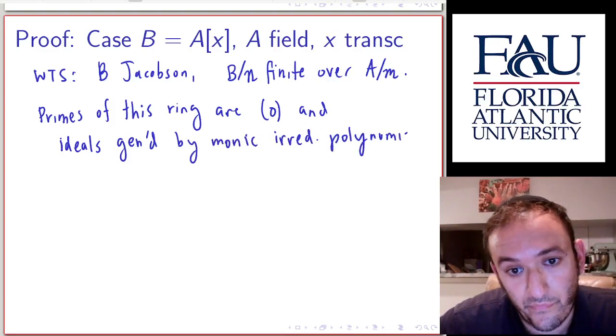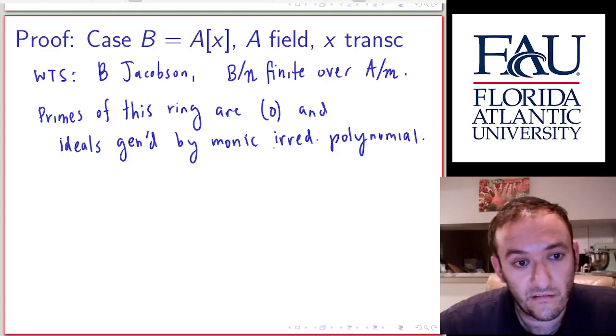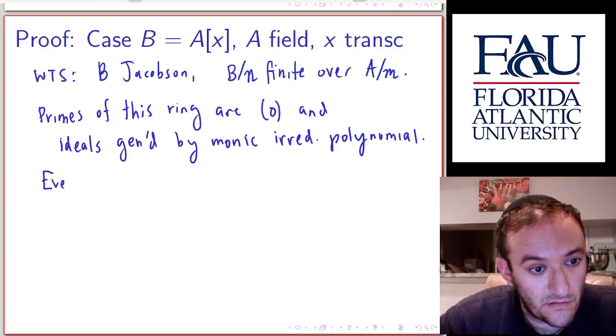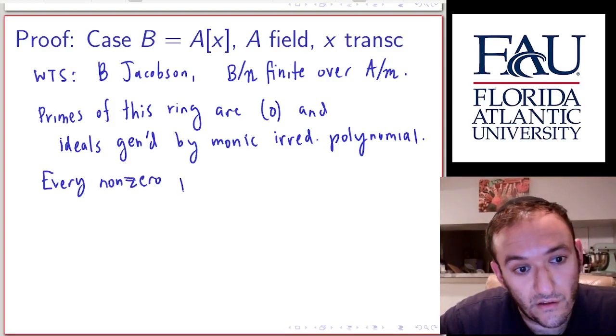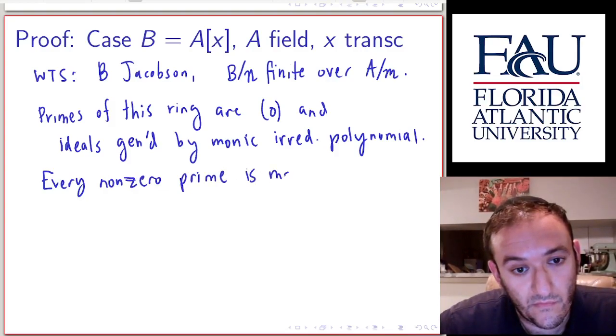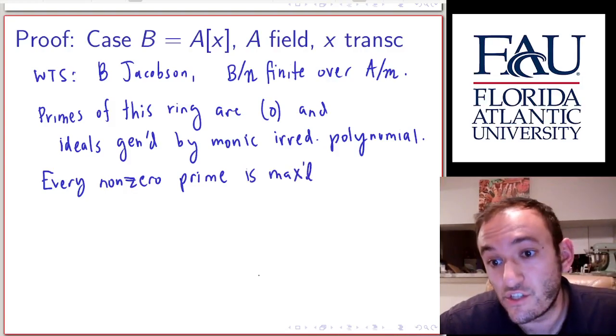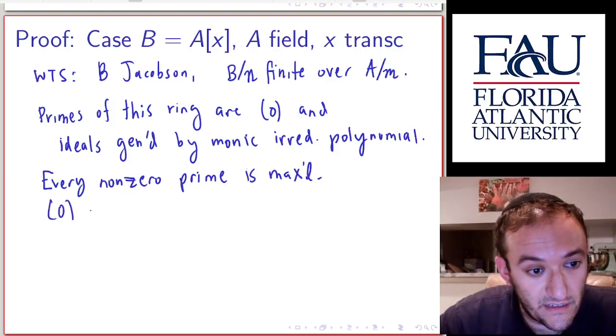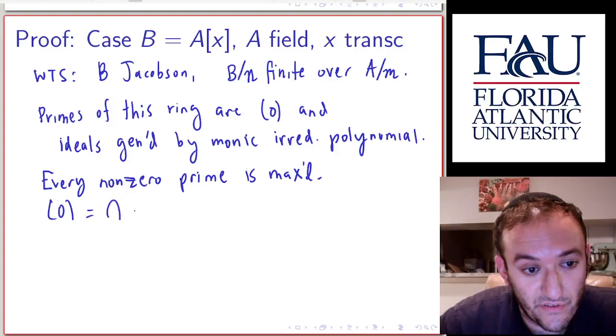Okay. So every non-zero prime is maximal. So to check Jacobson, all you need is to check the zero ideal. The zero ideal is the intersection of all of the maximal ideals.